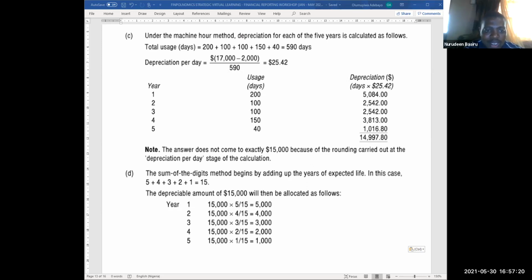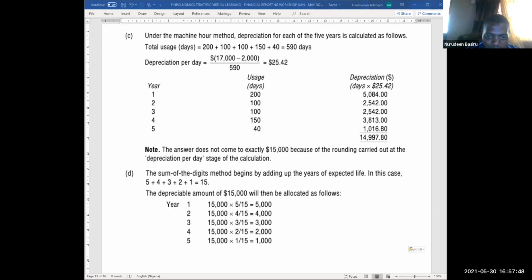That is why we started from the highest figure, which is 5, divided by the denominator, which is the sum of the year digits, and that is 15. And when we charge depreciation for year 1, we have 5 divided by 15 multiplied by 15,000, which is the depreciable amount, and the result is $5,000.